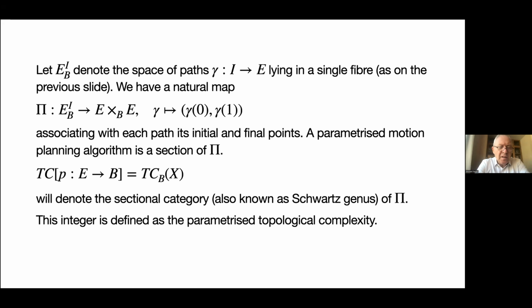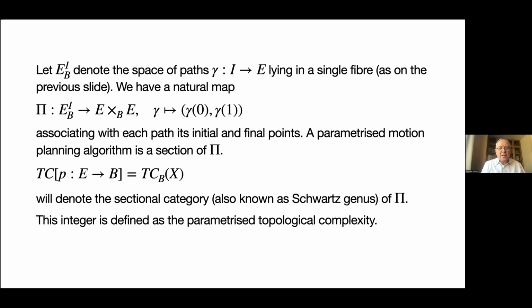The same formula associates with gamma the pair of the initial and final configurations. And we can define parameterized topological complexity, which is called here TC of this fibration p, as the sectional category of this map capital Pi. Sectional category is also known as Schwarz genus.